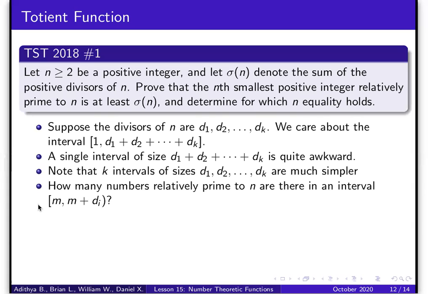Actually, how many numbers are relatively prime to di in this interval, first of all?